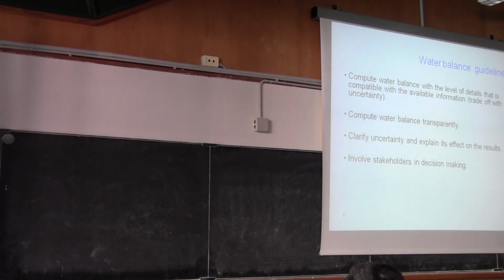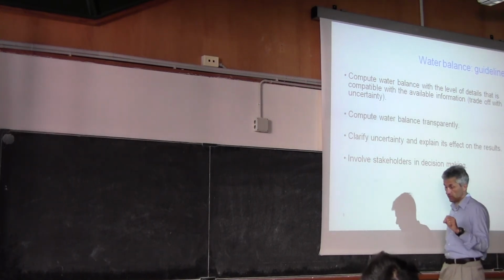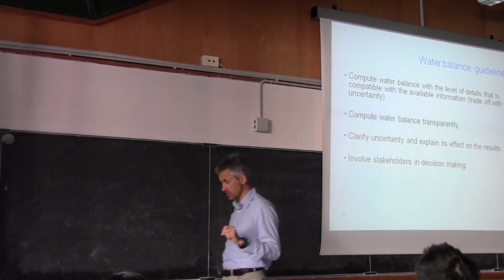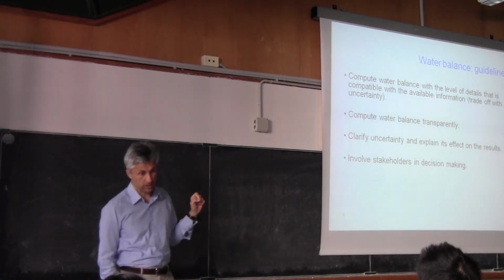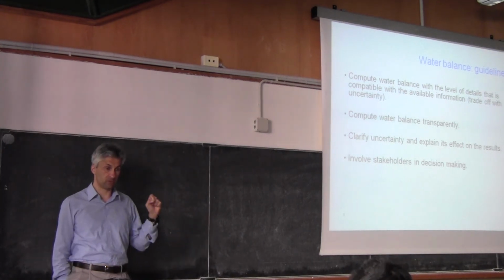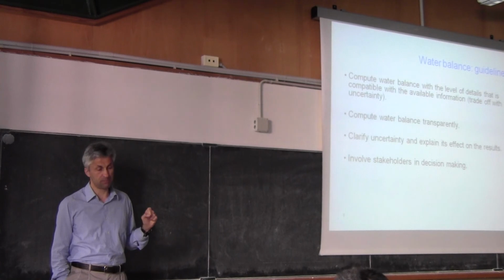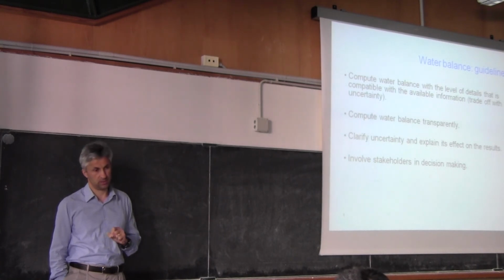Now, my recommendation is that the level of detail should be decided based on the available information. If you don't have enough information, you can't provide fine details, even if some people try to do that.